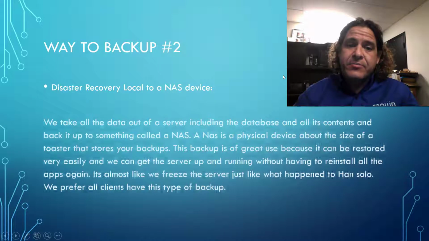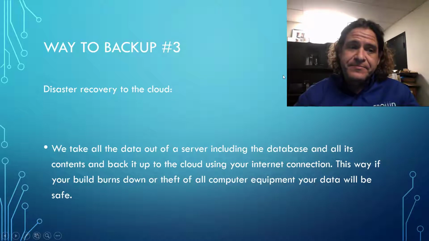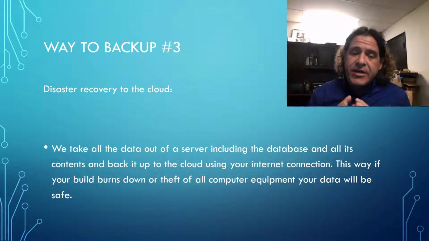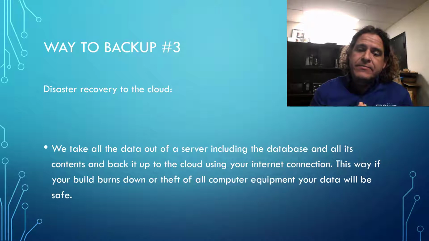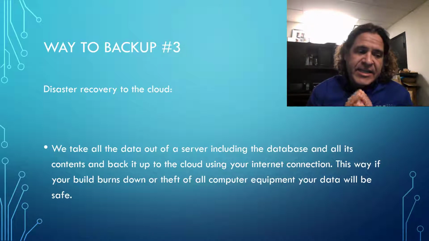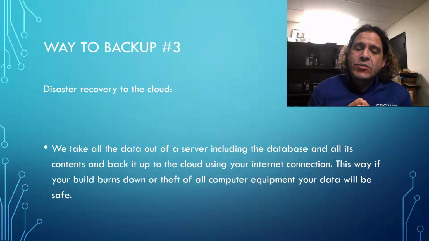All right, now, way number 3 is the same thing, disaster recovery, but this one is in the cloud. So we're taking the entire server's data and we're putting it in the cloud, which means we're taking everything.